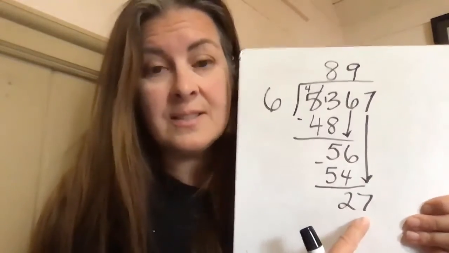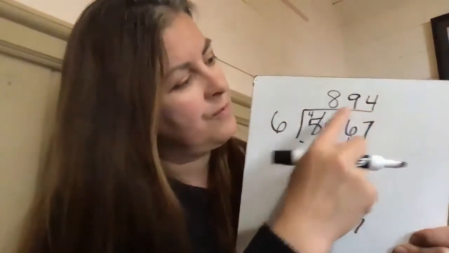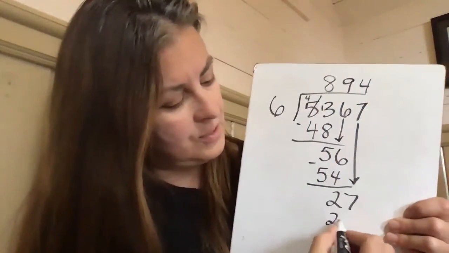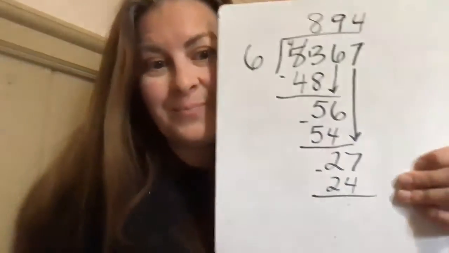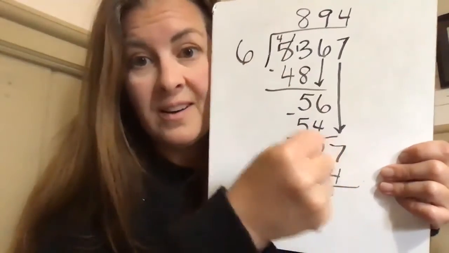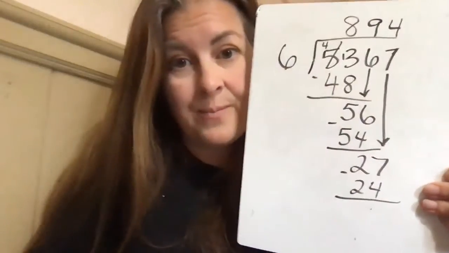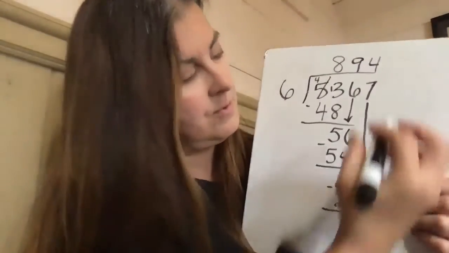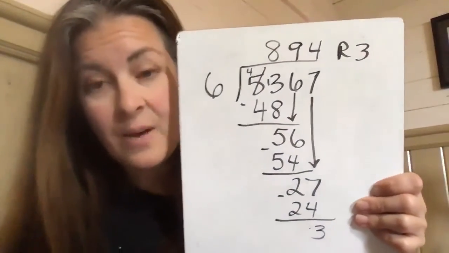They know that 4 6 beads gets us close. 4 times 6 is 24. And let's count on to find the difference between 24 and 27. 24, 25, 26, 27. So the difference is 3. There's that 3, and we will have a remainder of 3. Okay, that's how we do that.